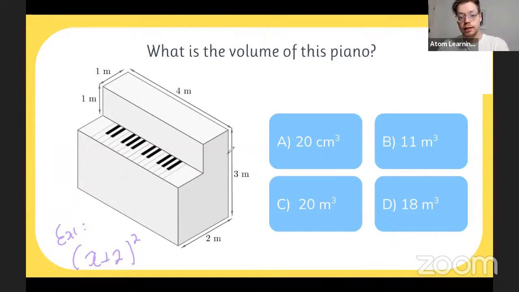Ruji, well done on the extension. Eleanor, I can't see your answer on the extension. I might have gone past it. Enter it again and I'll have a look.